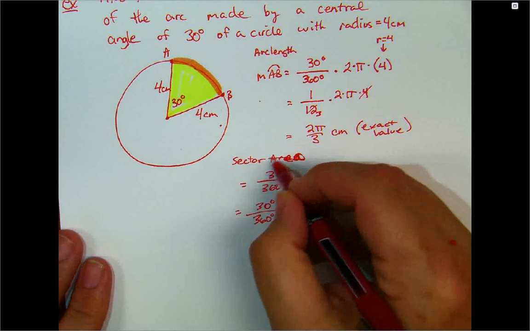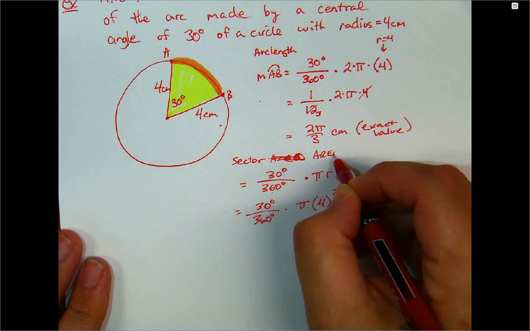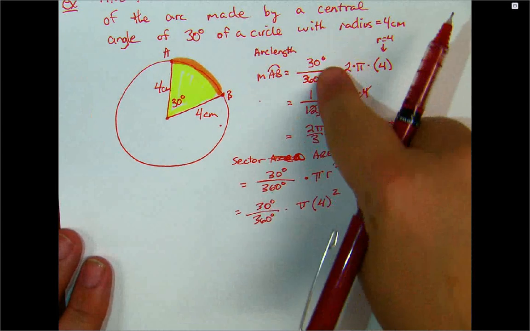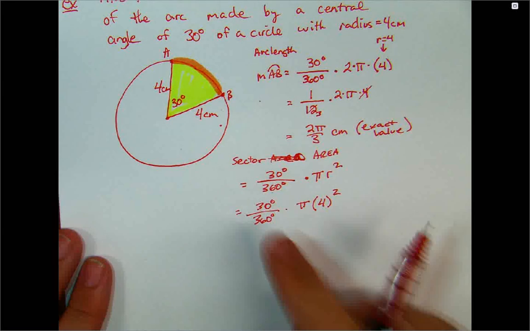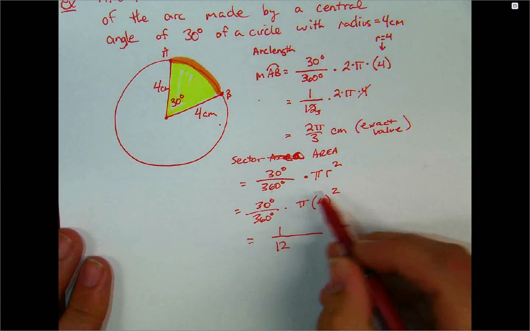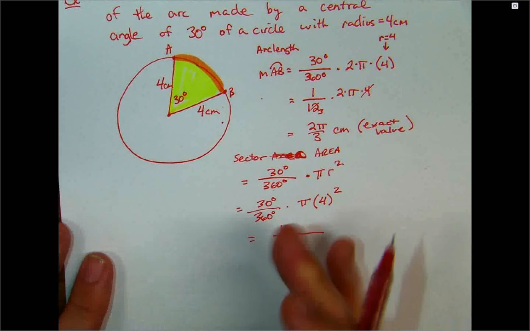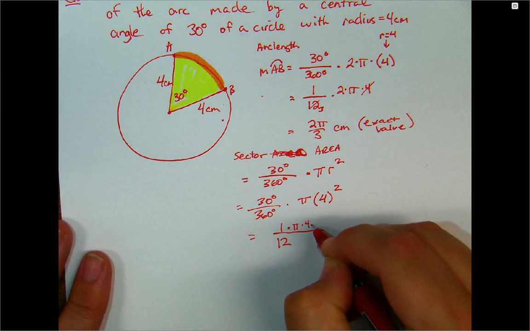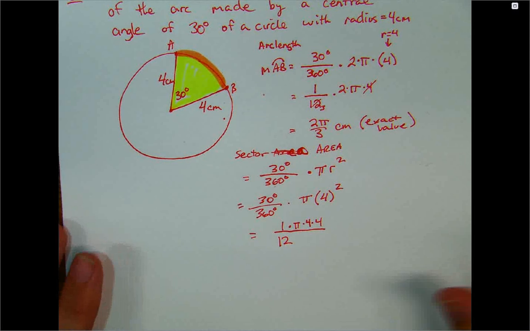Now, from up here, we already did 30 over 360 is 1 over 12. So this is going to be 1 over 12, and I made this a little bit bigger because we could say that's going to be times pi times 4 times 4. Now, sometimes it's easier just to do this.